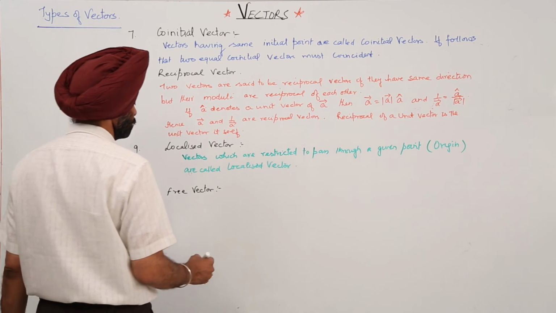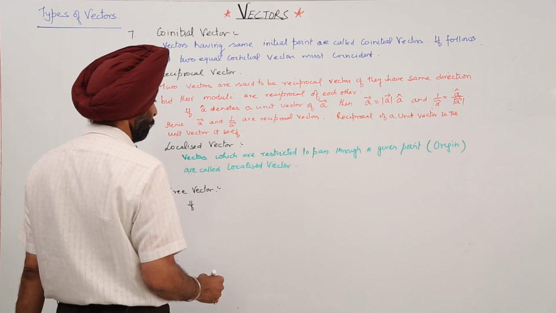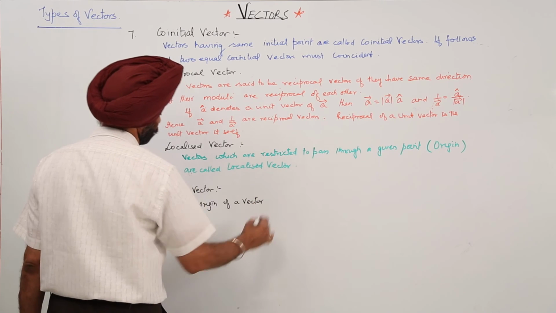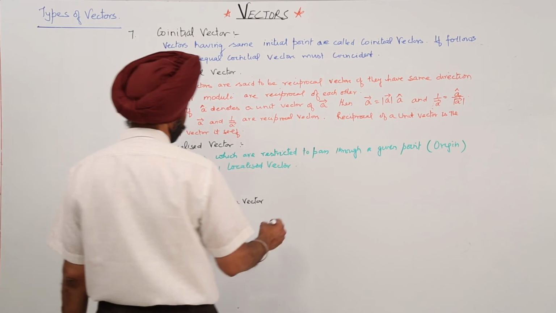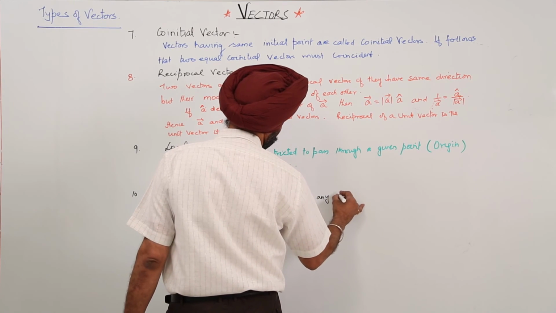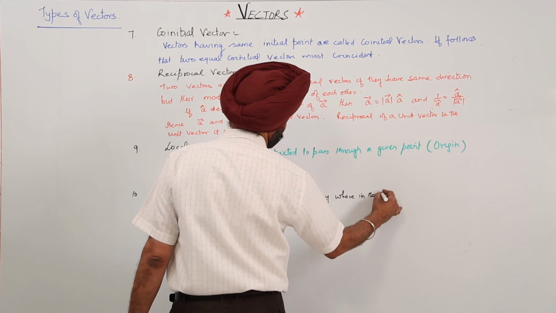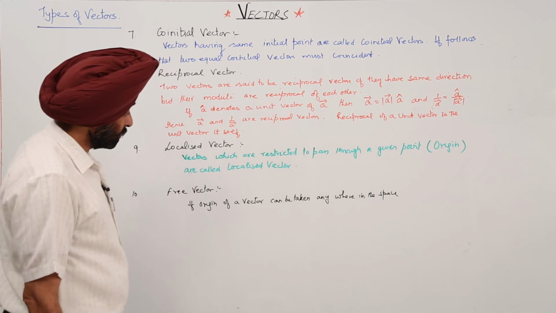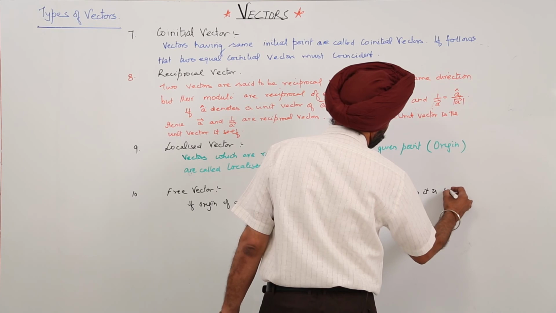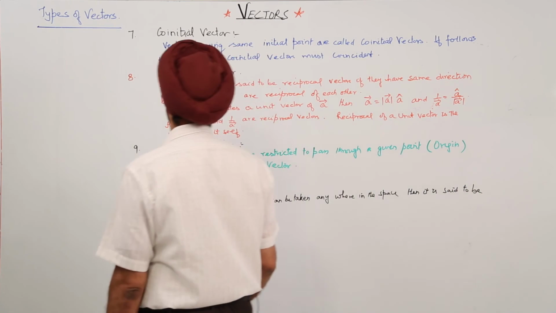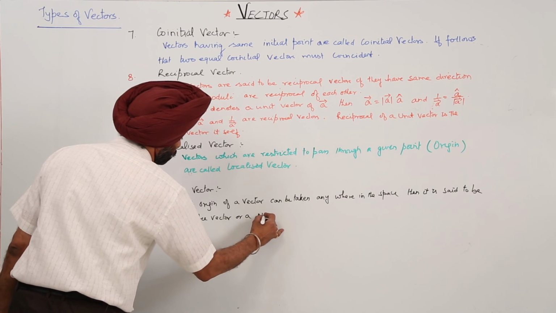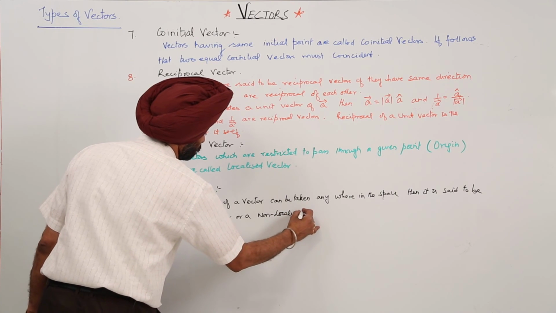Now a free vector is, if the origin of a vector can be taken anywhere in space, then it is said to be a free vector or a non-localized vector.